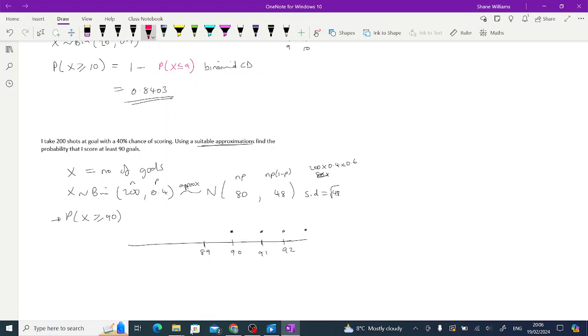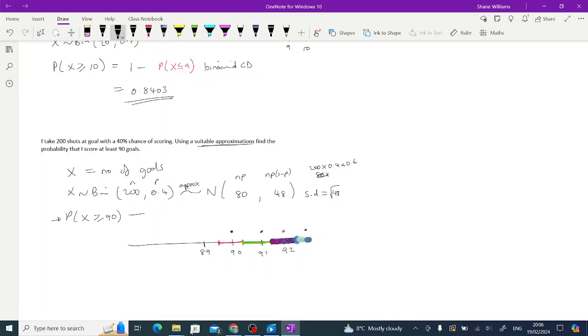Well, 90.3 rounds to 90, so it seems to make sense to allocate all the numbers that round to 90 to the integer 90, and all the numbers that round to 91 to the integer 91. In which case, if I want to include 90, I want to include all of these. I also want to include 91, so I want to include all of these. And I want to include 92, so I want to include all of these, and so on.